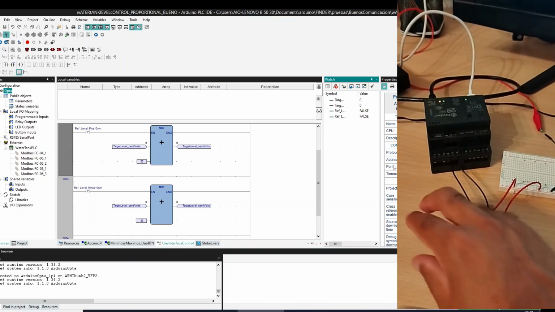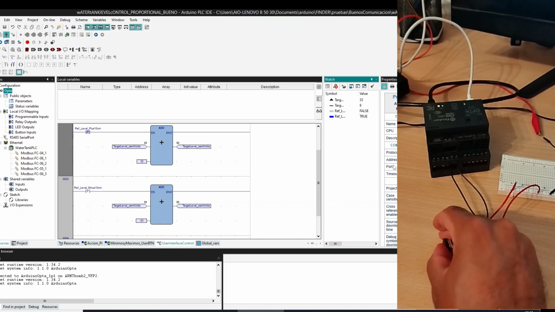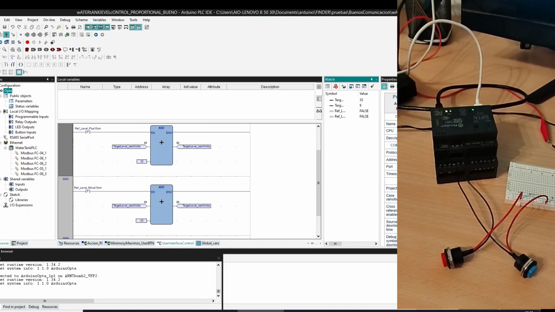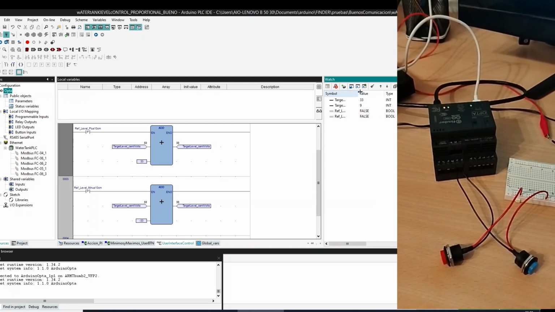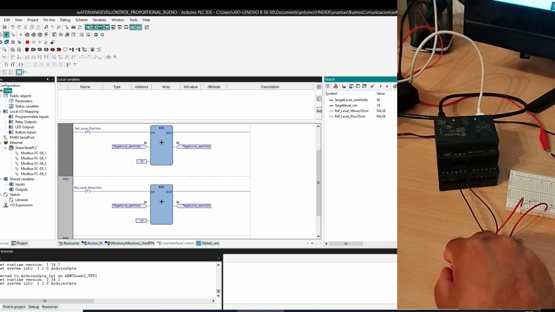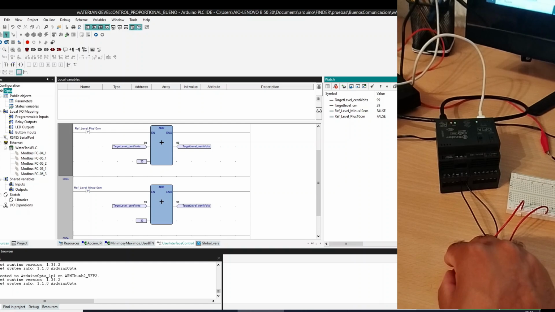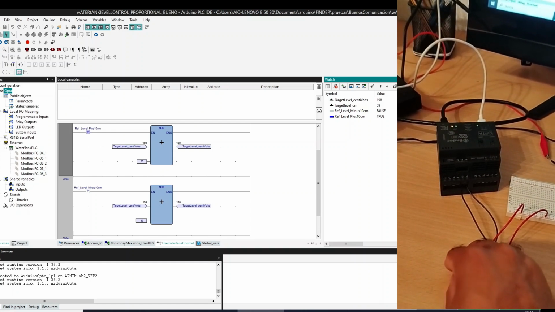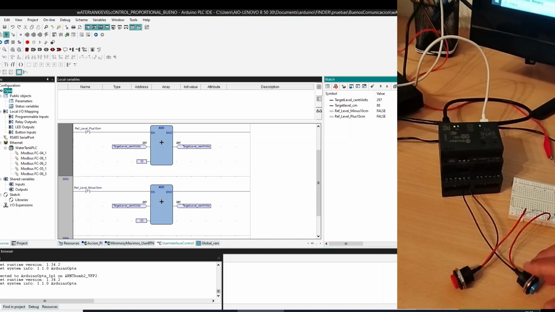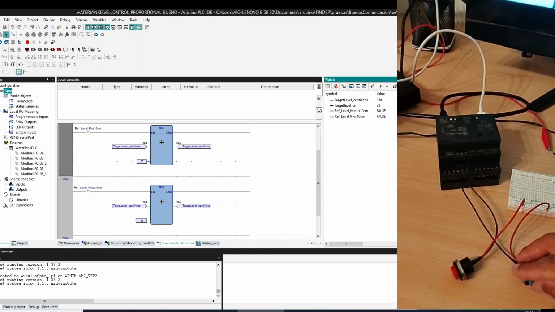So for example, if we press the button to increase, you can see that the target in centimeters has increased. So if you press again, we keep increasing in increments of 10 centimeters, as the function shows. Then if we want to decrease, we just press the other button.